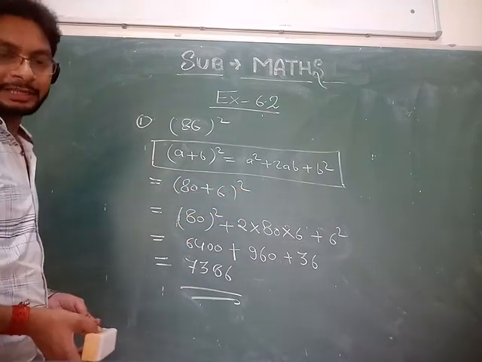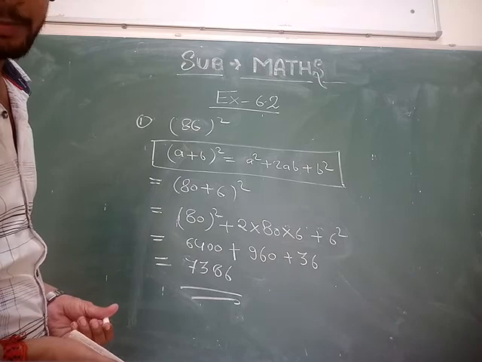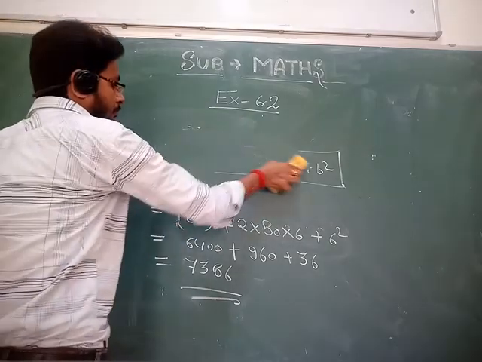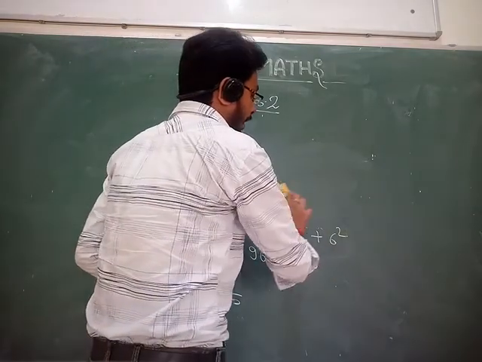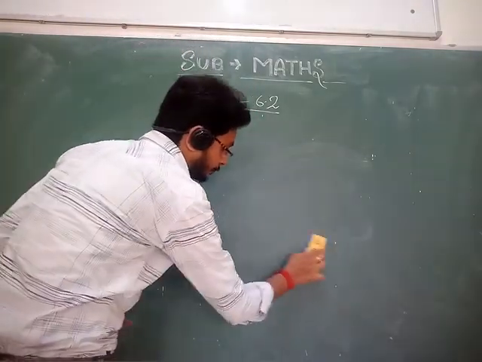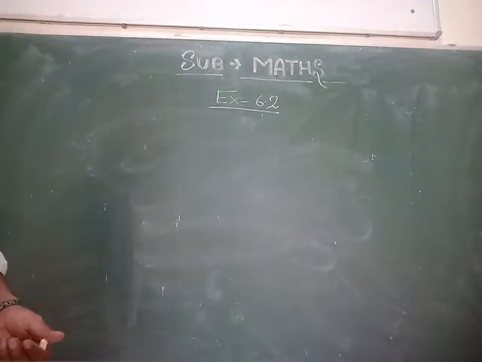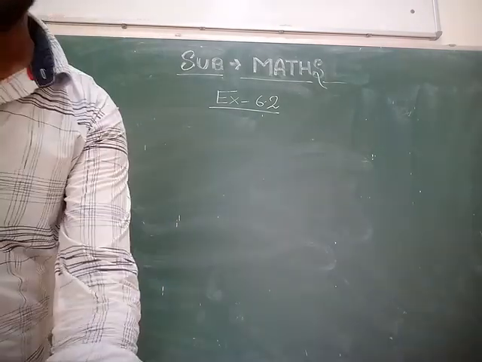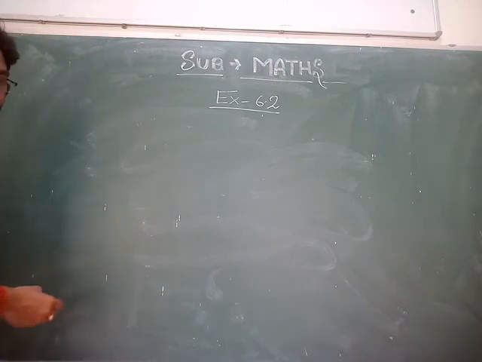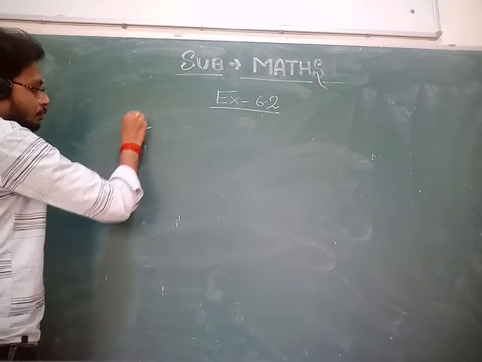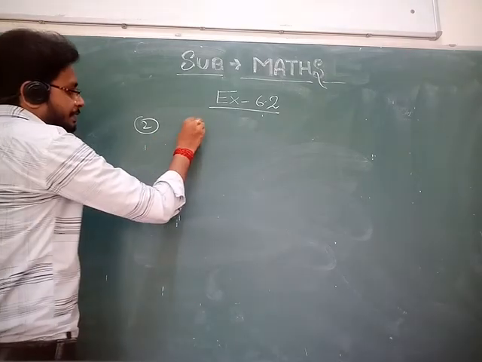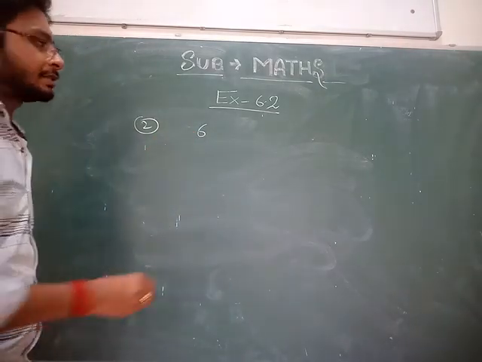Let's start the second question, that is, write a Pythagorean triplet whose one number is given. In the previous class I have already told you how to find a Pythagorean triplet whose one member is given. You know the formula. Question number 2. 6. One member is given, 6.